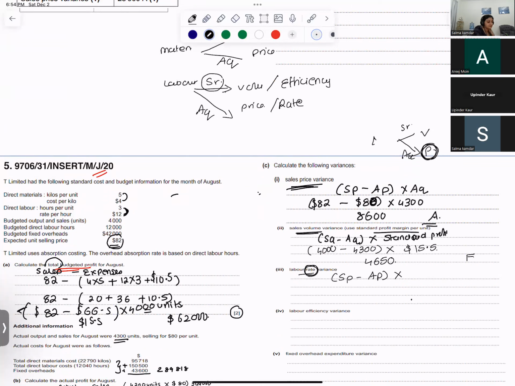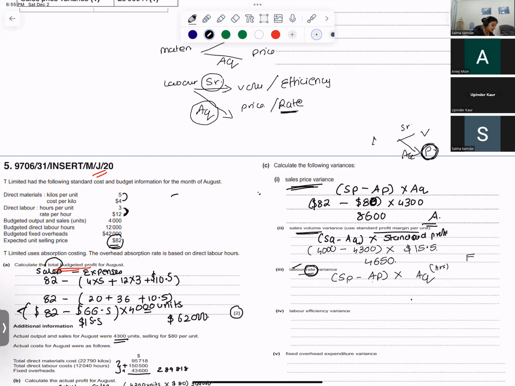So for labor rate variance, you multiply with actual quantity. Standard rate minus actual rate into actual quantity, which is the hours, because labor is hours.